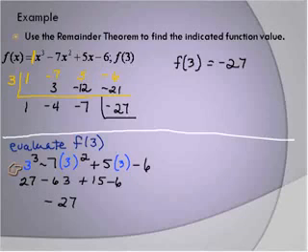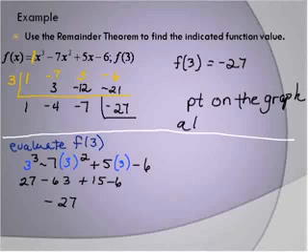What you need to realize here, guys, and this is important, is that this means that we have a point on the graph at 3, -27. So this is a point.